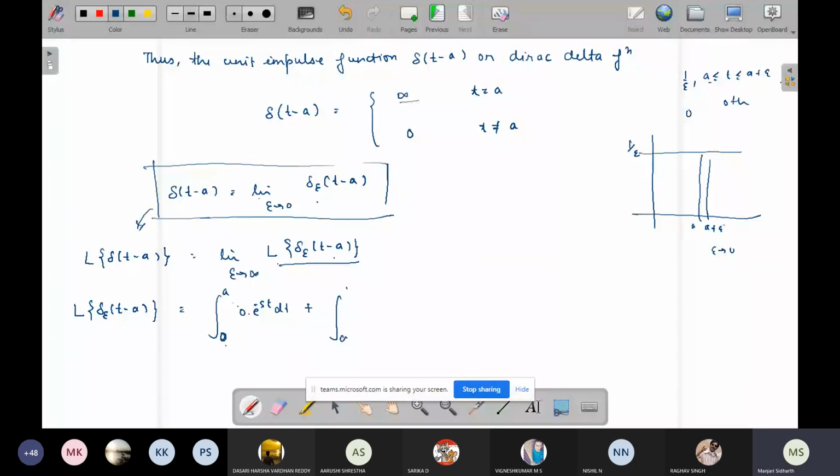Then a to a plus epsilon, its value is 1 by epsilon, e power minus st dt. Then a plus epsilon to infinity, its value is 0, e power minus st dt. That means only the middle one remains, the others are 0, so we need to calculate this.